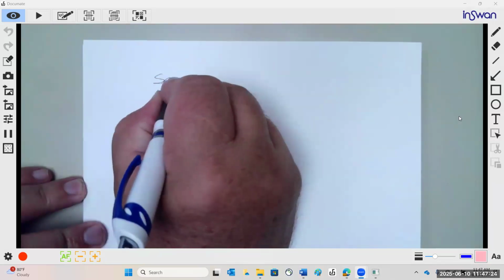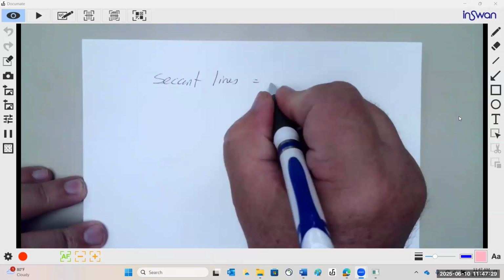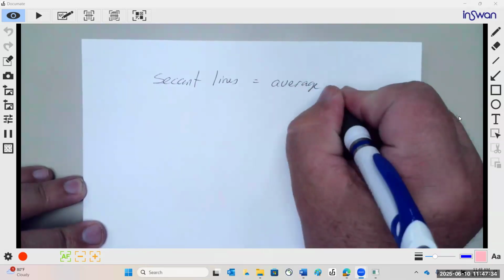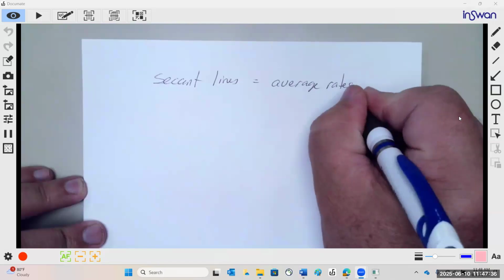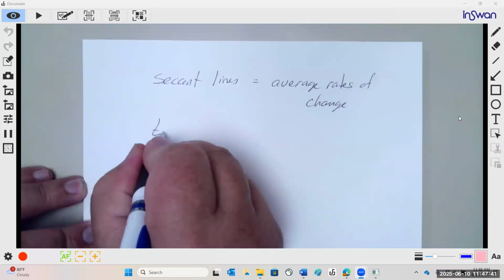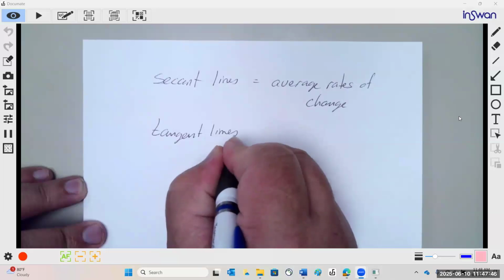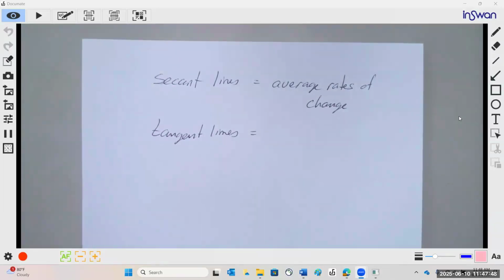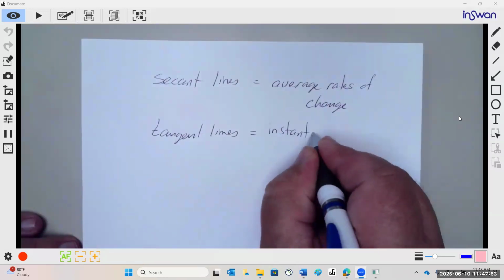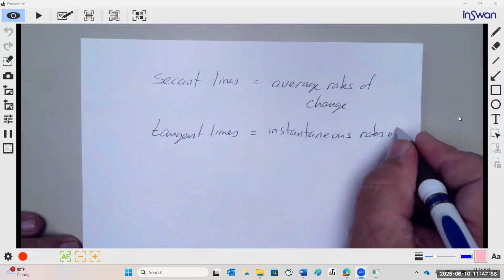With secant lines, we used average rate of change. Now with tangent lines, what do we use? Instantaneous rates of change.